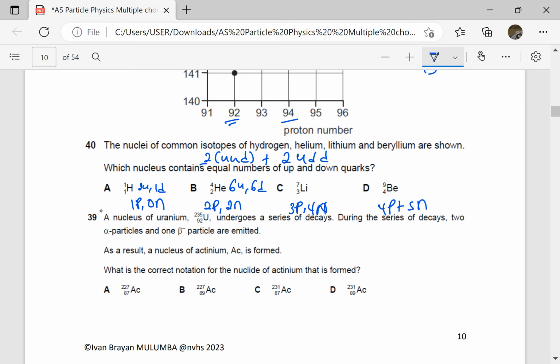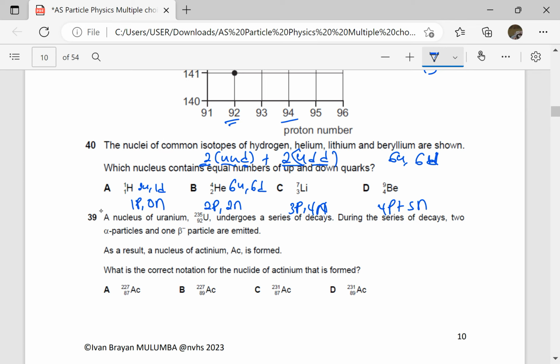So up is 2 times 2, that is 4, plus 2, that is 6 up. For down, it is 2 times 1, that is 2, and then 2 times 2 down, that is 6. So there are 6 up and 6 down for the alpha particle.